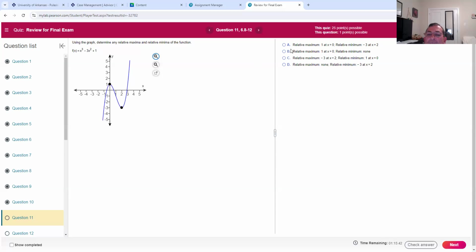So let's see. A and B are the two that's got that right so far. They both say relative maximum of 1 at x equals 0. So now we got to go over here and look at the dot on the right for the minimum. That's got a minimum value of -3 for the y value at x equals 2. Well, B said there was no relative minimum, so y'all, it's got to be A, and it says the relative minimum is -3 at x equals 2.